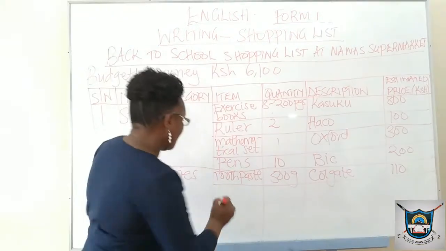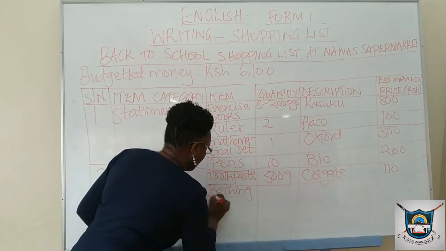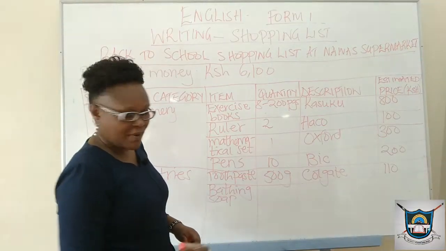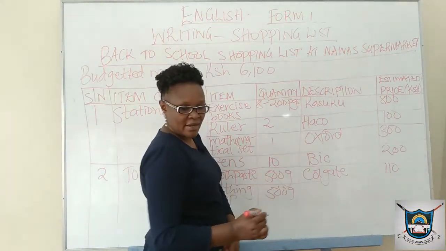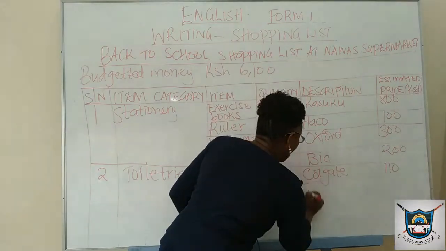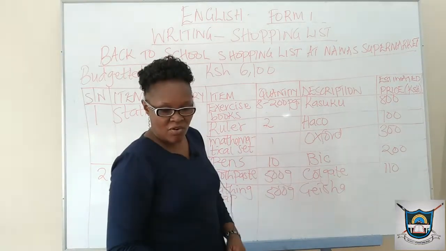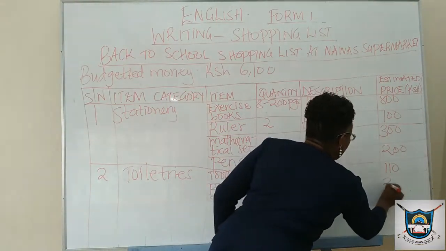Then we go to bathing soap. We are going to buy 500 grams. And here we buy Geisha. And the cost is 200 shillings.